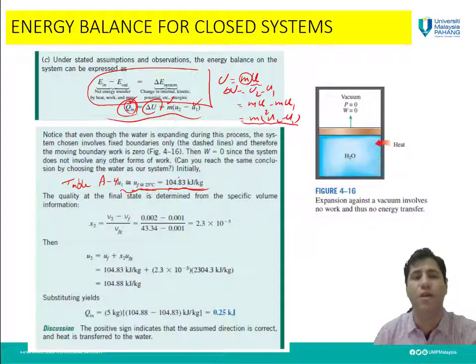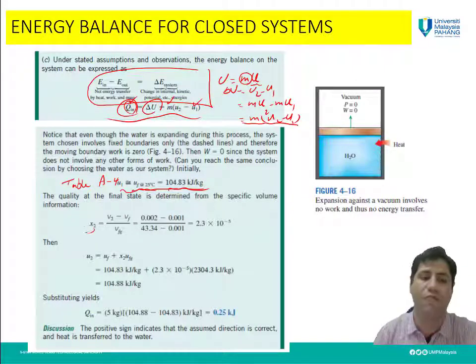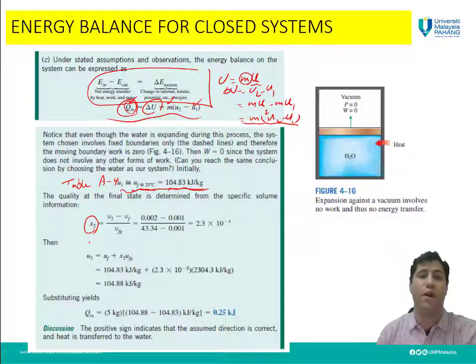How about U2? U2 is in the mixture region. If you remember, for the mixture region, we have quality: how much of the mixture is vapor, and how much is liquid. First, we need to calculate x.